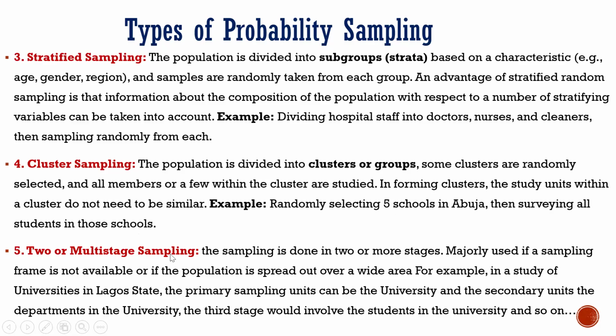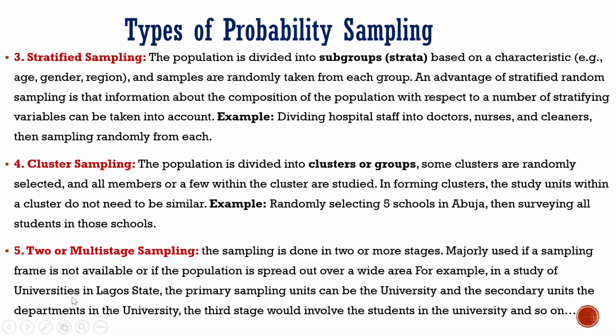So we have the last but not the least type of probability sampling, called two or multi-stage sampling. This involves sampling in 2 or more stages, just like the name implies. It is majorly used if a sampling frame is not available, or if the population is spread out over a wide area.